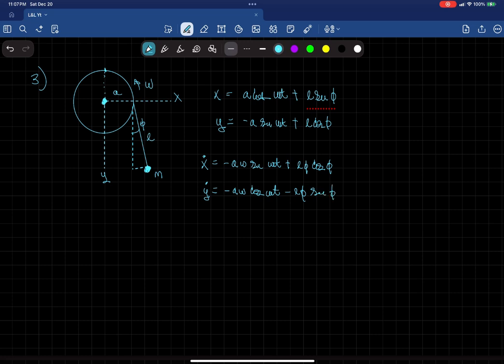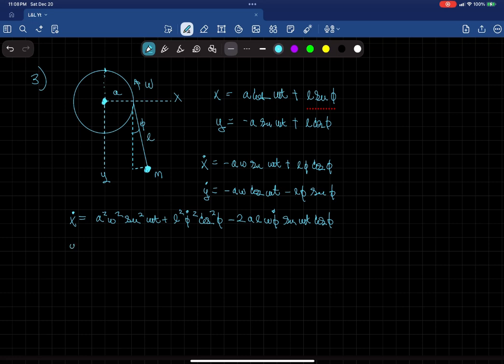Upon squaring these, for x dot we get a squared omega squared sine squared omega t plus L squared phi dot squared cosine squared phi minus 2 a L omega phi dot sine omega t cosine phi.